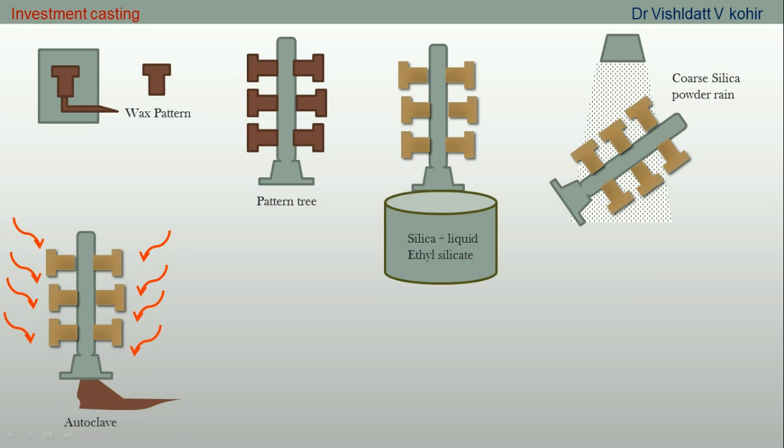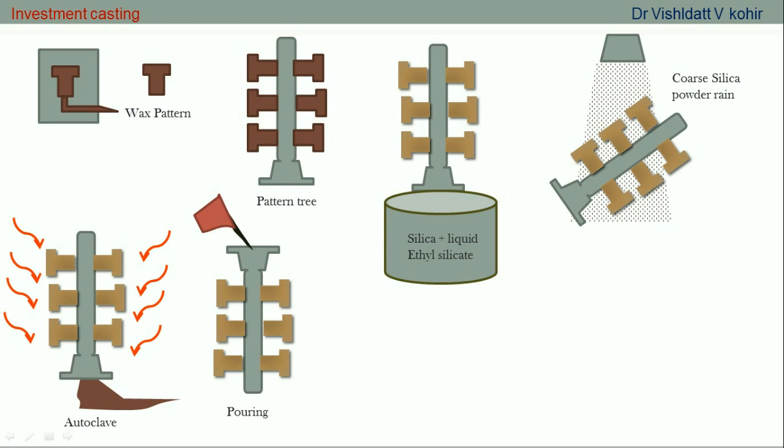The next step is to overturn the investment mold and pour the metal into it, and we will allow it to solidify. Sometimes before pouring, preheating is also carried out to remove any remains of the wax material inside the mold.